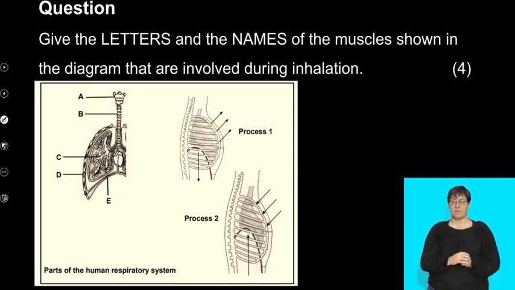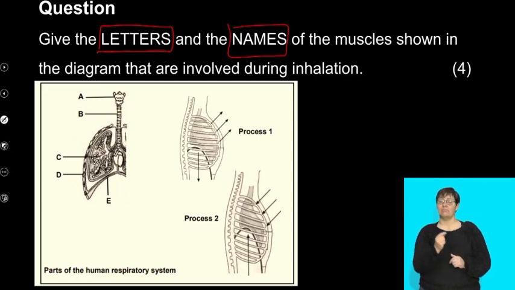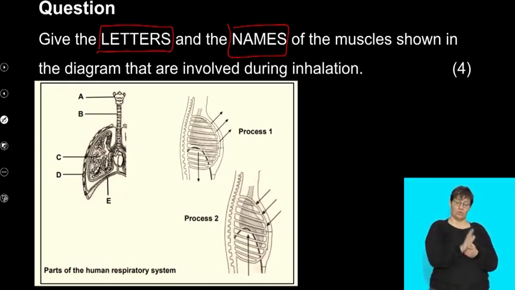Give the letters and the names. Remember, there's a reason why it's in bold. Of the muscles shown in the diagram that are involved during inhalation. Right, so it says give the letters and the names of the muscles shown in the diagram that are involved during inhalation. So now let's go over here. Number 1 will be letter E. So E is my first one.